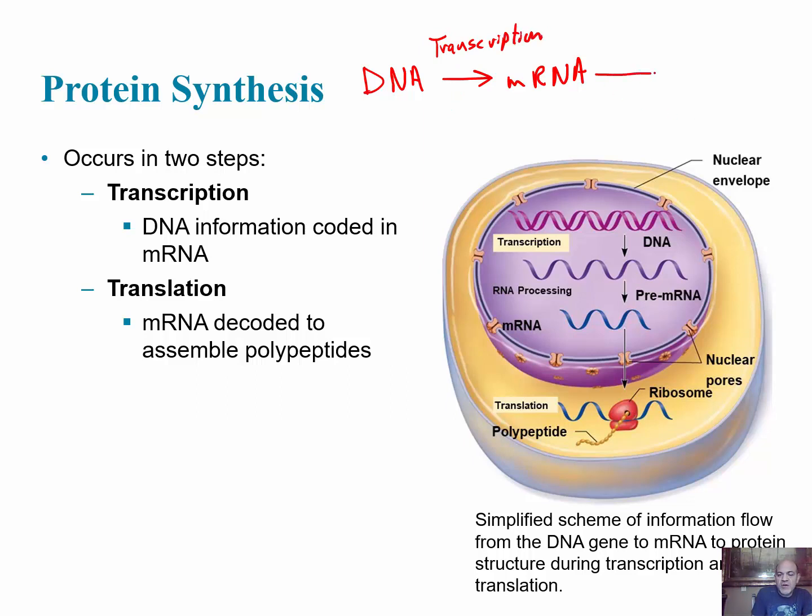And then when we want to change chemical language, going from our nucleic acid language to protein, at the ribosome, and this is in the cytoplasm, that's going to be called translation, because we're changing chemistry, we're changing the chemical language. So translation, your mRNA is going to be decoded to make your polypeptides, and that occurs at the ribosome.